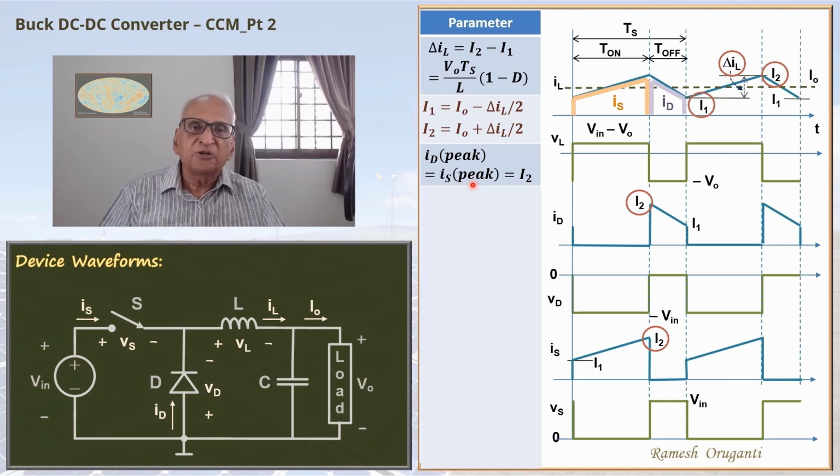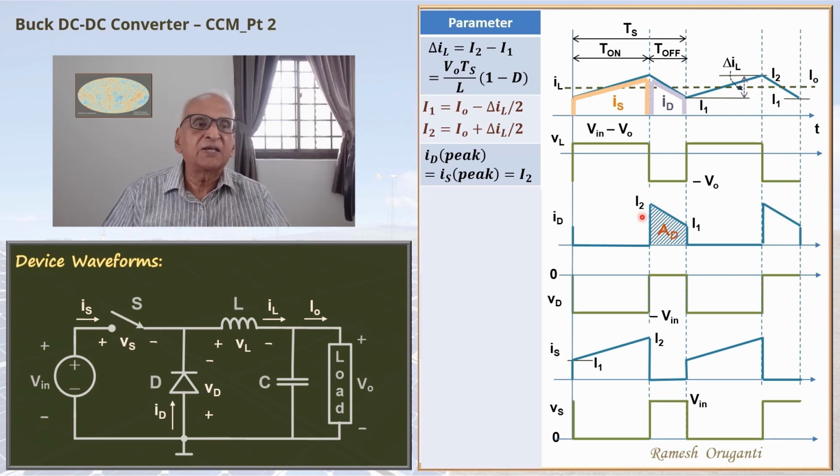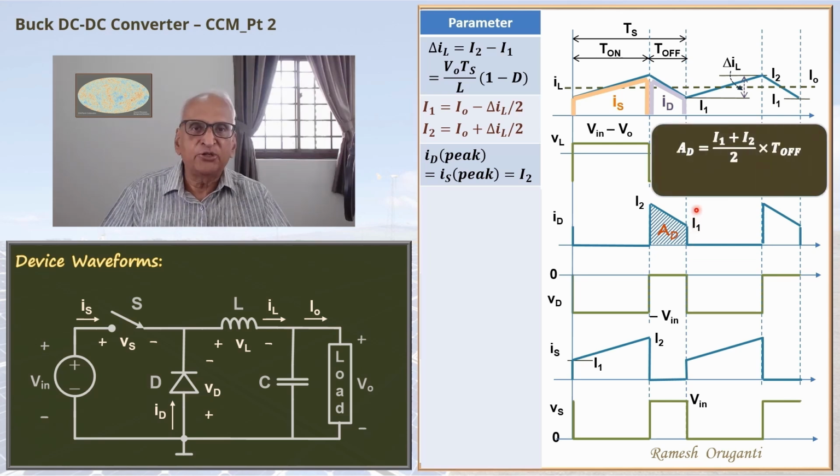We can also determine the average diode current that can help in choosing a particular diode. The average current is this area AD divided by the period Ts. This is a trapezoid. The area AD is I1 plus I2 by 2 times T off. Notice that I1 plus I2 by 2 equals I0 because I0 is exactly in the middle of I1 and I2.